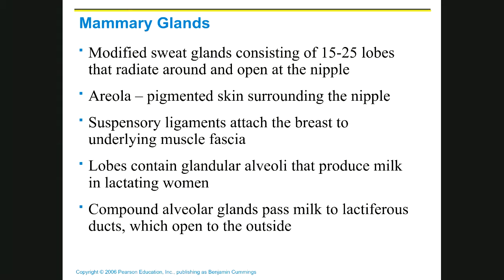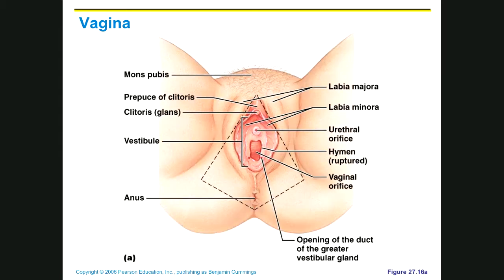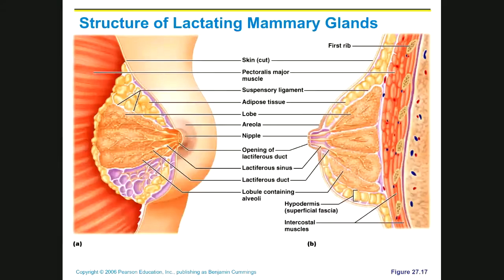And then if you look at the breast, sometimes the breast is actually fairly heavy, and so it needs something to support it. And so there are little tiny ligaments that run throughout the breast, and these ligaments attach the breast to the external muscles, to the pectoralis major, and they hold it in place.